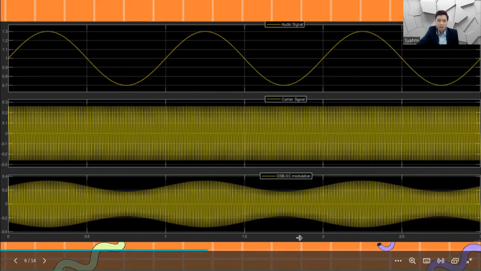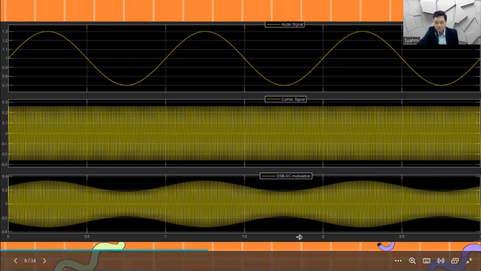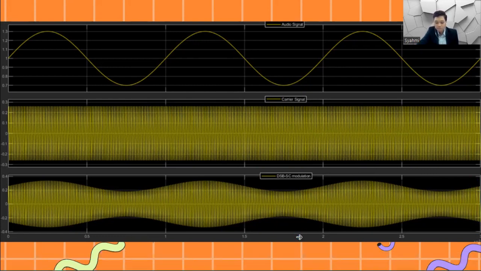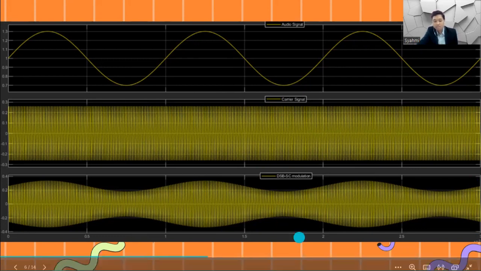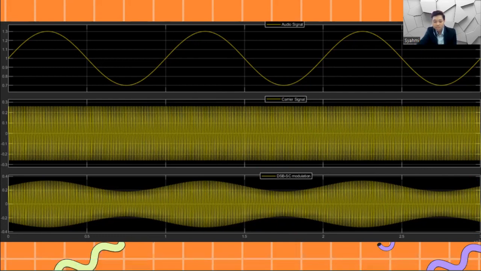I want to remind again that DSB-SC, or double sideband suppressed carrier modulation, is a technique used in amplitude modulation that involves multiplying the message signal, which is the baseband signal, by the carrier signal to generate the DSB-SC signal. The DSB-SC signal contains both upper and lower sidebands, while the carrier itself is suppressed.